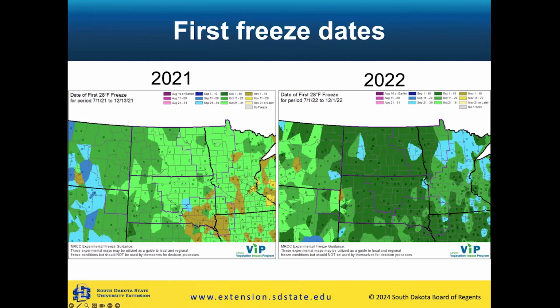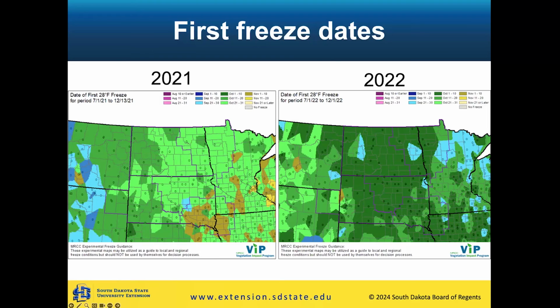The other thing that we need to look at is the first freeze dates. So this is another driver for those grasshopper numbers, or really the blister beetle numbers. It depends on how late you have that first freeze, or that 28 degrees, when all your insect activity really drops off.